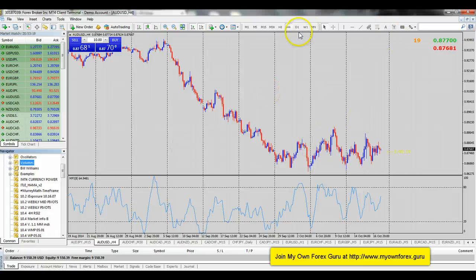Okay, so H4 AUD USD, again, simple divergence, not 100% true, but good enough. We have the price action on the chart going one way, which is starting to go up, while on your indicator chart, it's going the other way.